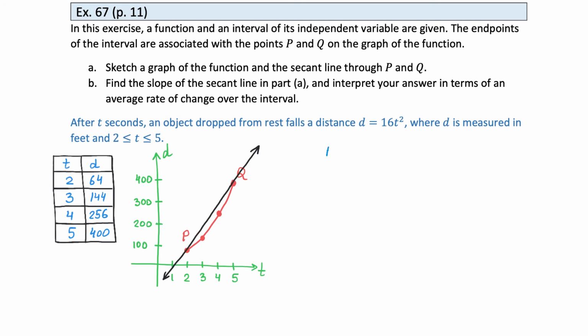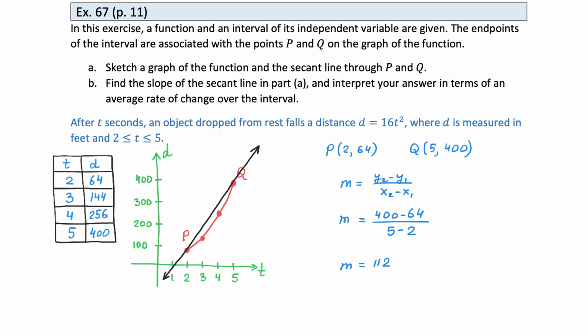For the slope, let's use the point P with the coordinates 2, 64 and point Q with the coordinates 5 and 400. Then m equals y2 minus y1 over x2 minus x1, or 400 minus 64 over 5 minus 2. Then m will be equal to 112.